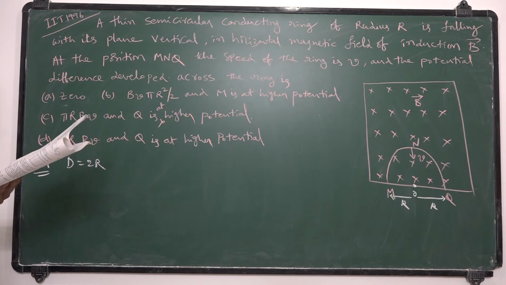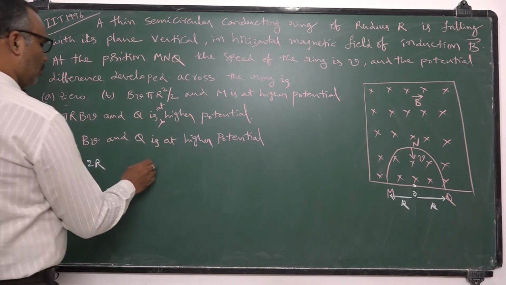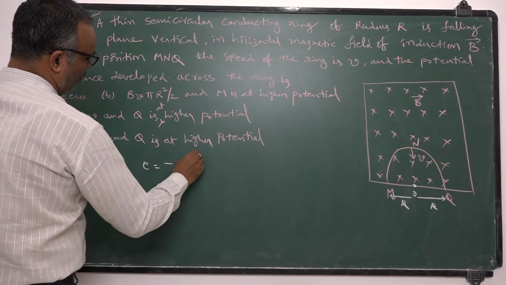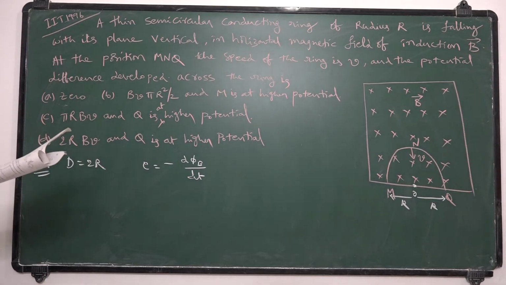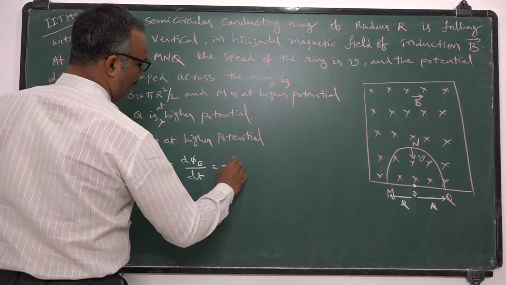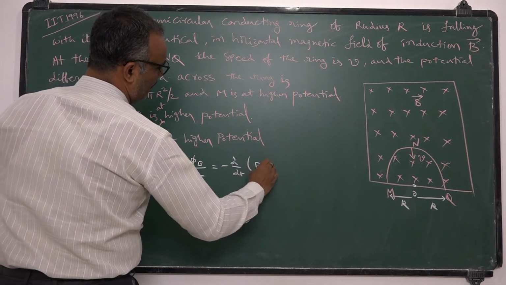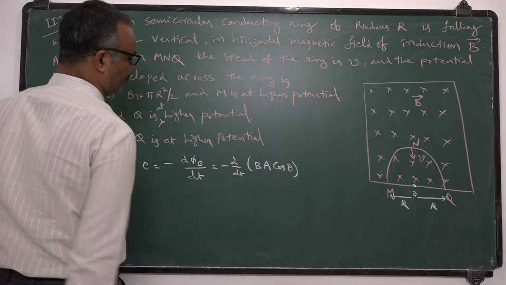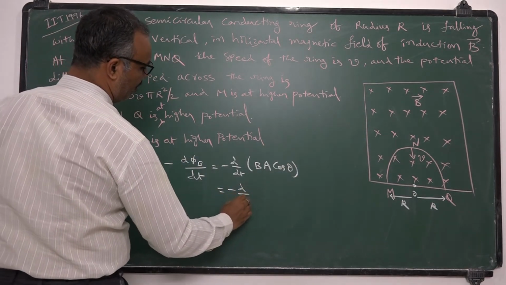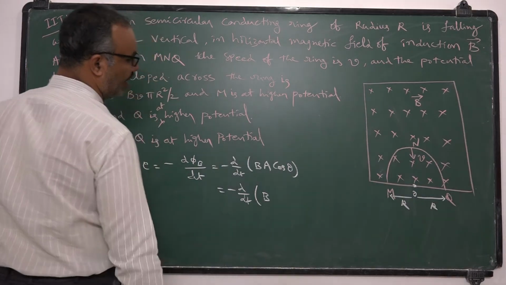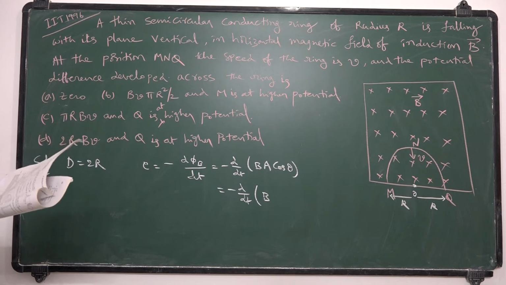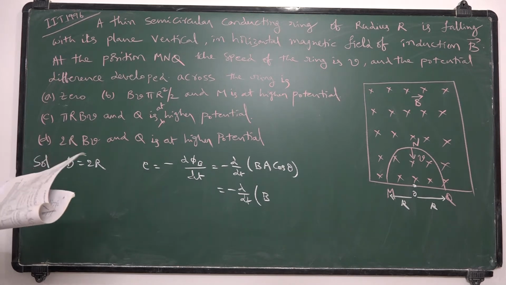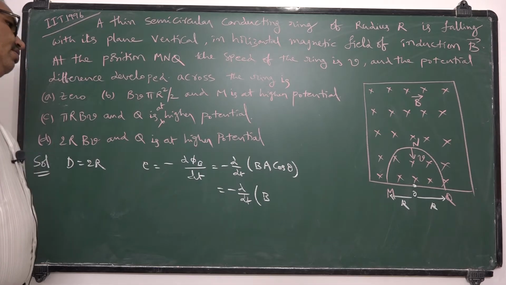You know that induced EMF E is equal to minus d phi B by dt. Here only one term is there, no need of taking N value. You know that phi B is equal to BA cos theta. That is equal to minus d by dt of B into area, semicircular ring, so area value we should take into consideration.